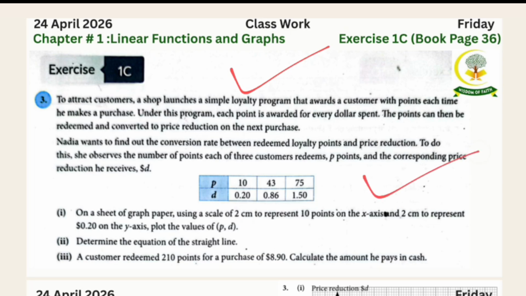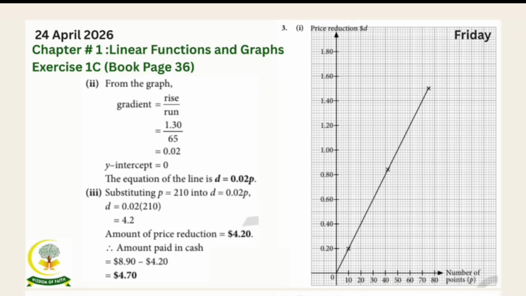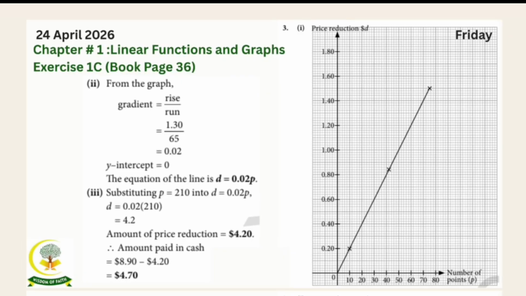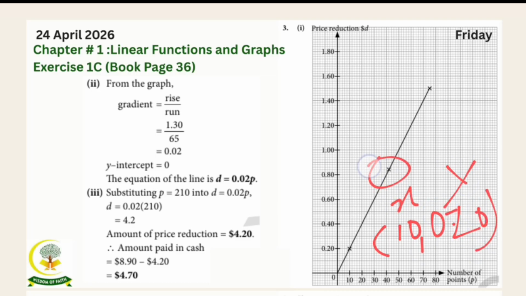So this is the whole question on your book page 36 and here we are going to solve it. According to the question values, you just need to plot the values. So 10 and 0.20 is the first value. This is the value of x, this is the value of y. Here we have the next value. The next value is 40 and 0.80. Perfect. So this is how you have to solve it.